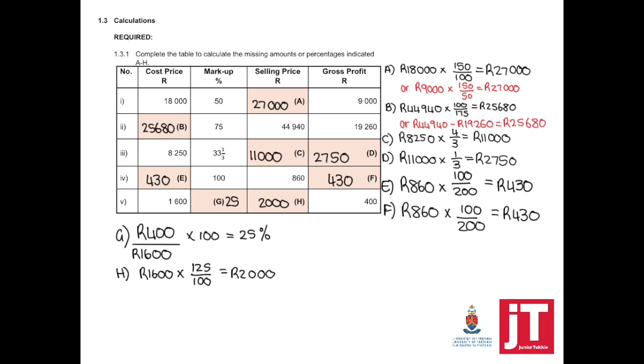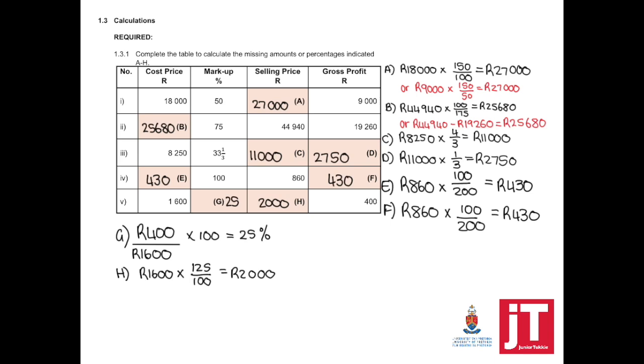This is to illustrate to you this whole table, the different ways in which I can get to exactly the same answer. But what is very important to understand is how to use these percentages. I'm going to remind you. Number 1, if I want to calculate the selling price, we take the cost price times 100 plus percentage markup divided by 100.